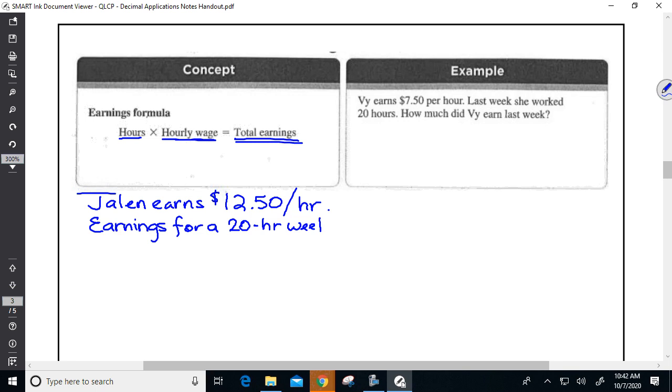That's what we're going to find. So how much did you earn for a 20-hour week? Now, we can always take $12.50 and add it 20 times, if you got that much time on your hands. Or take 20 and multiply it times 12.50.